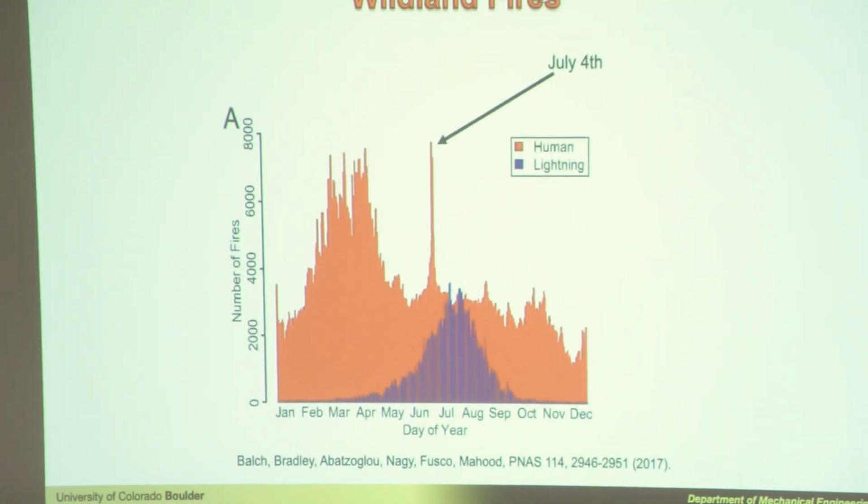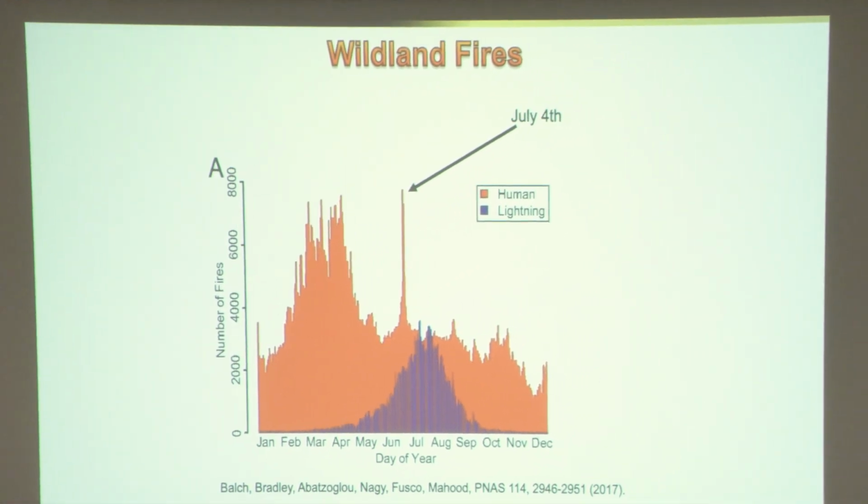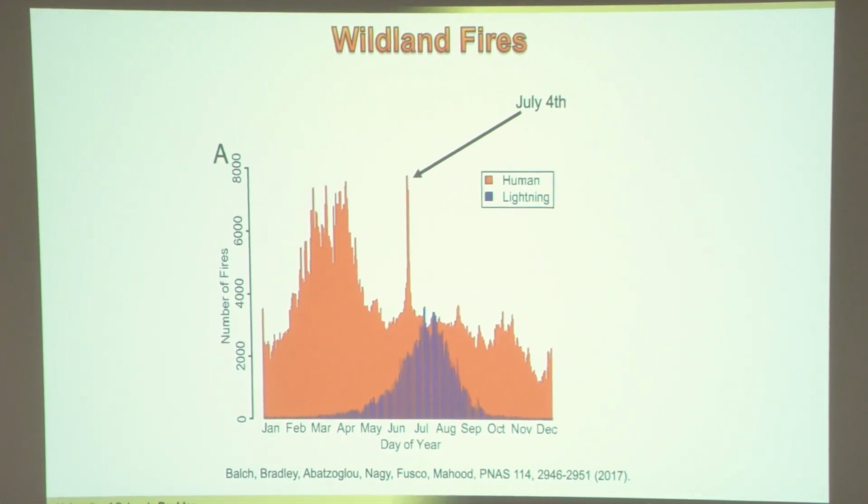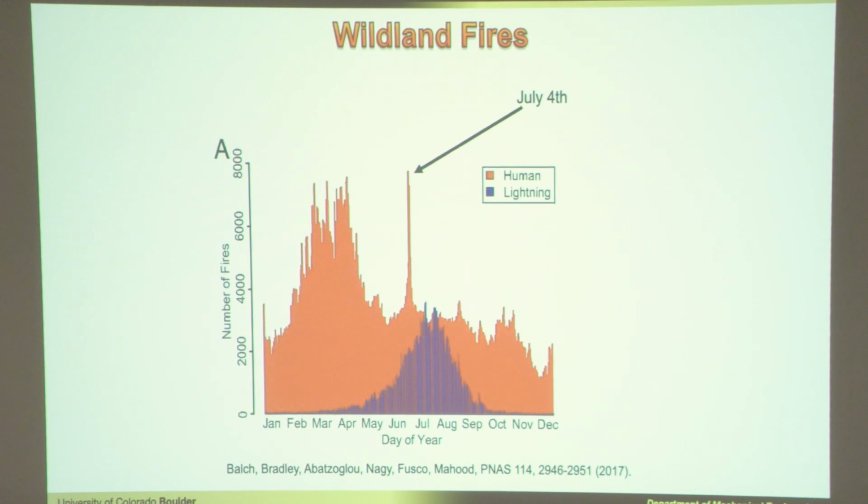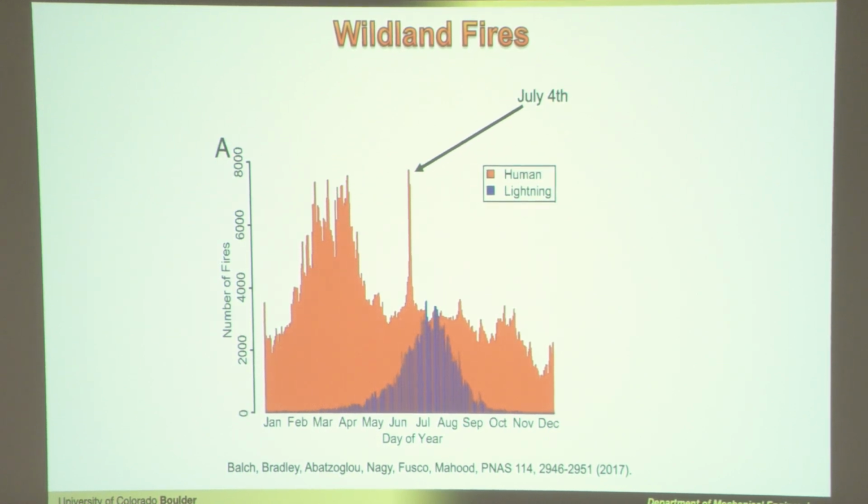Okay, so how are these fires started? Notice that the 4th of July is a peak in fire ignition, and notice how many of these fires are ignited by people. People having barbecues, or mostly people having a campfire.